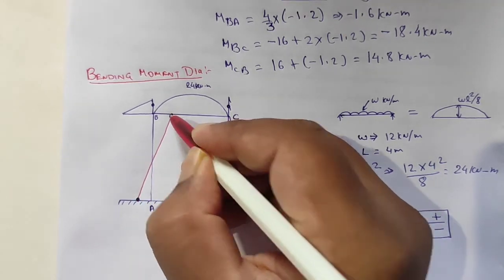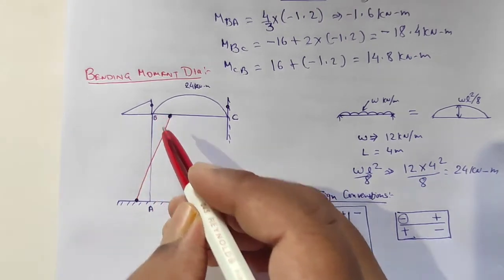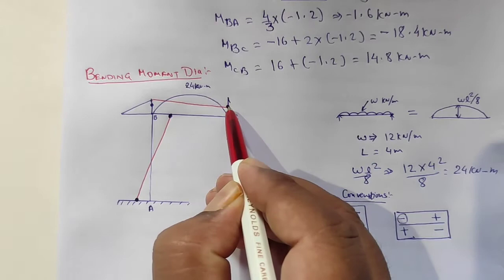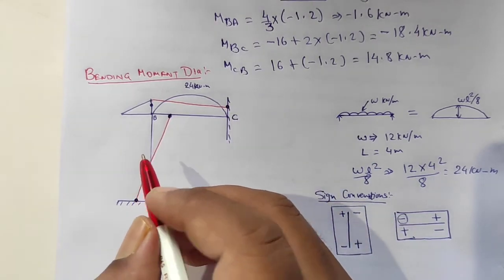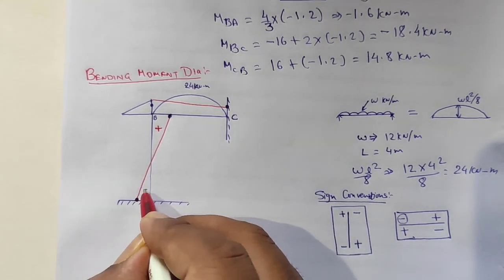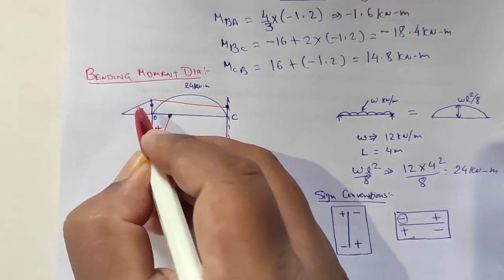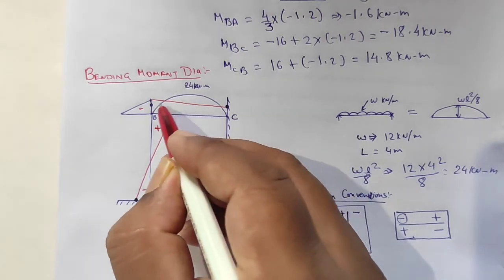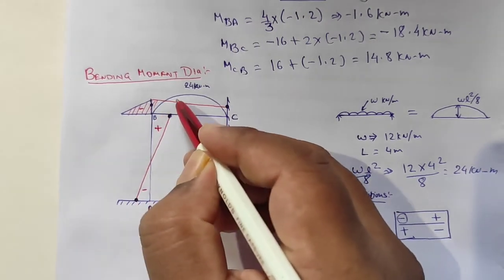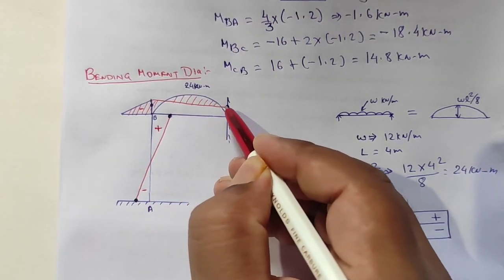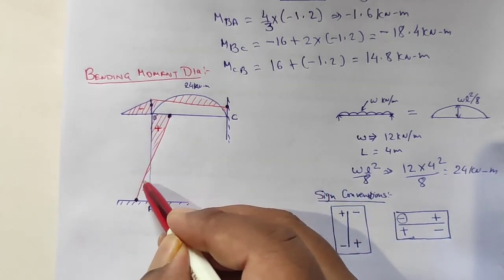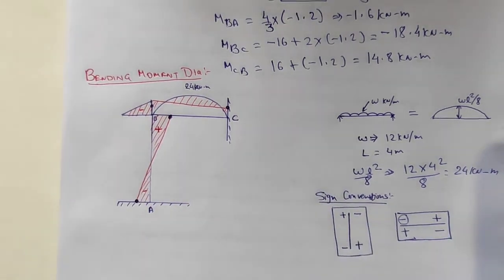In this way I'll join all the values, and here the diagram will be like this. I can represent the values with the signs positive and negative. Here the value will be negative, and whatever area is left, I will draw with a hash line like this. In this way I can show my final bending moment diagram for the frame question.